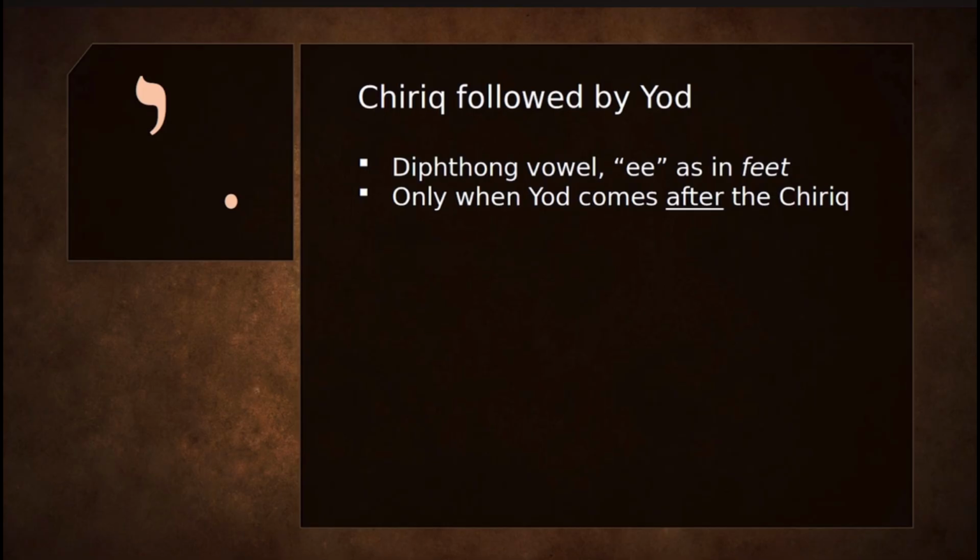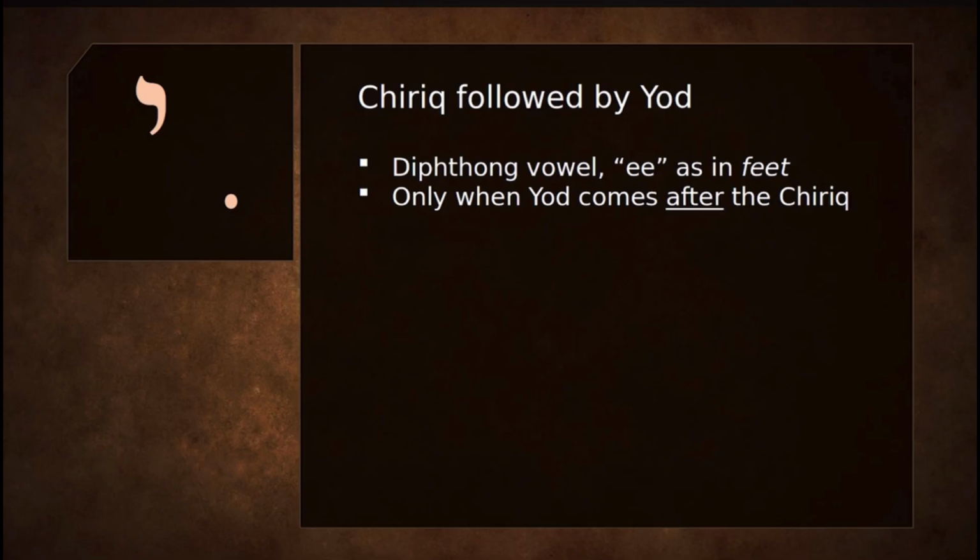Here, we have an example of a diphthong. What is a diphthong? A diphthong is a sound that is a combination of 2 other sounds. In this case, we have a chirik vowel, and then after that chirik vowel, we have a yod. Normally, a chirik makes the sound I, and the yod makes the sound y.